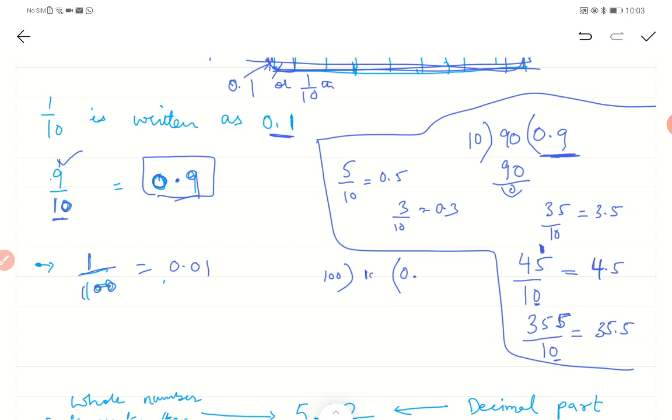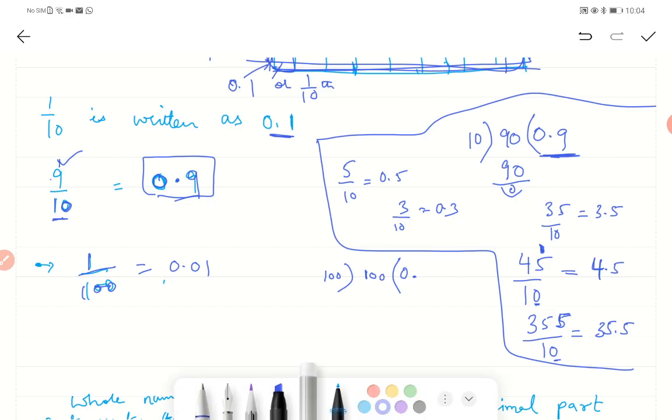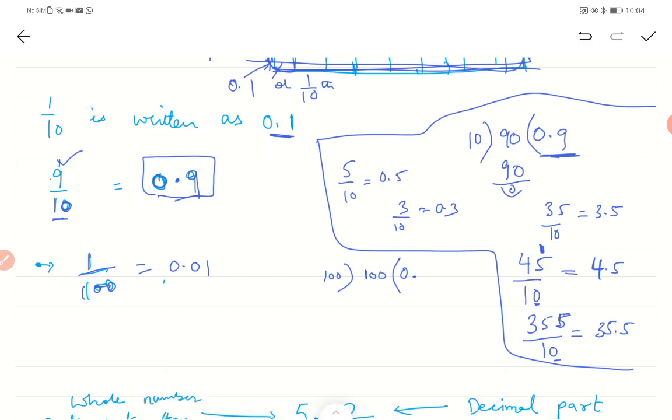Once I place a point, I can take as many zeros as I want. So if I take 1 zero, 10, again it is not there in 100 table, so I will take one more 0 to make it 100. So 100 ones is 100. This is 0.